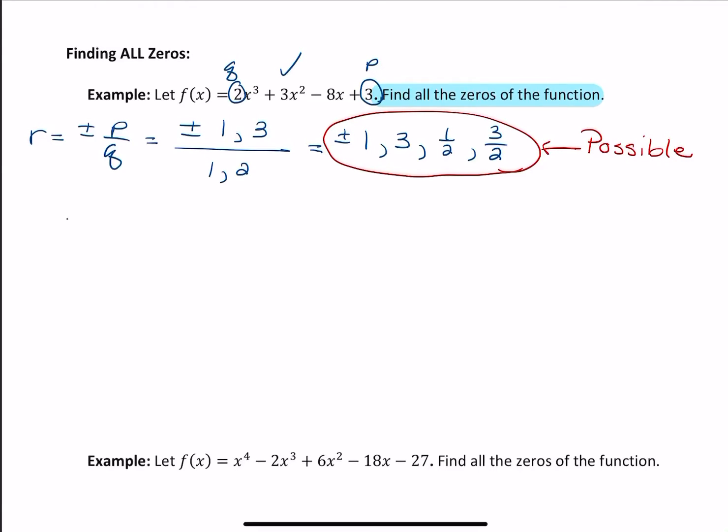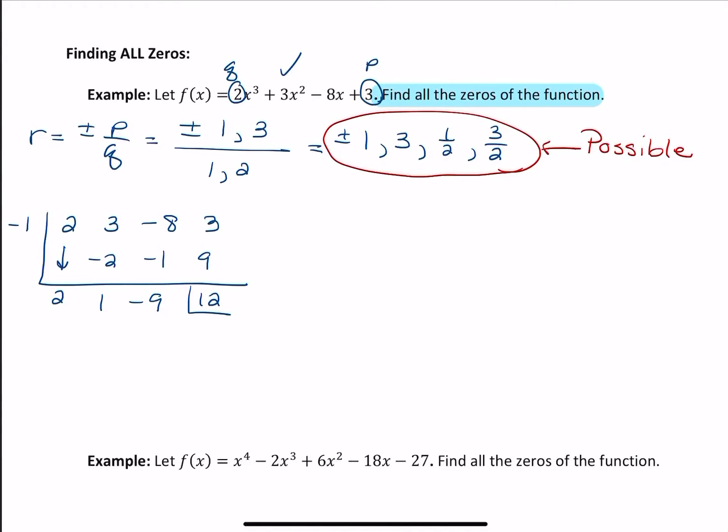So I'm going to pull my coefficients and just start doing synthetic division with your possibilities. So I'm going to pick -1 to start with. So I bring down my 2, multiply, and add, multiply, add, multiply, and add.